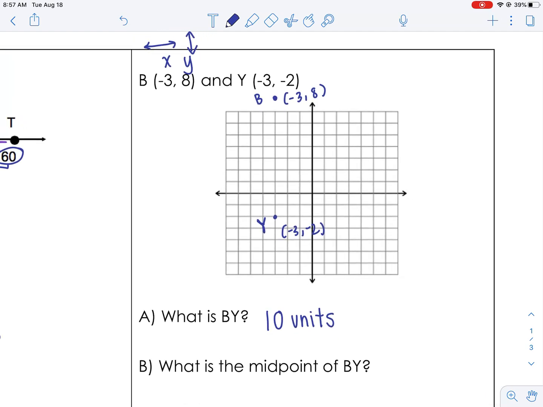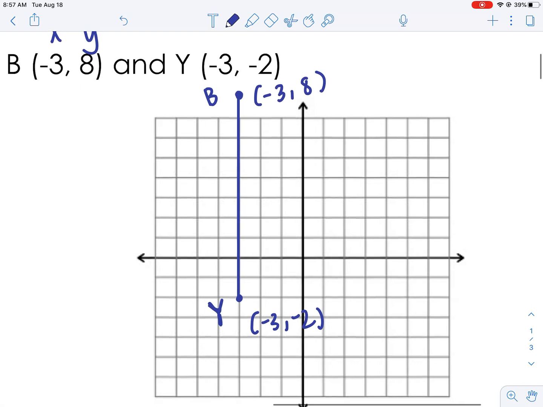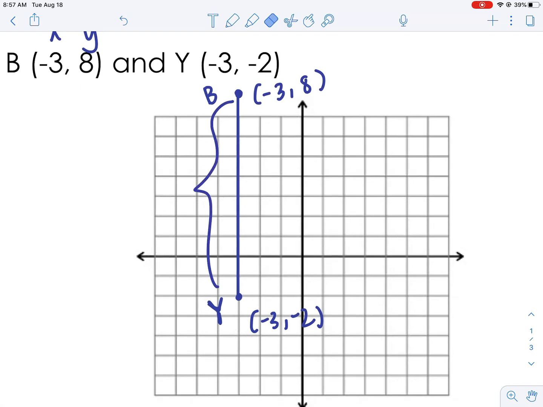So then the question is, well, what is the midpoint of BY? So if I have this segment BY, I know that my middle is going to be somewhere on here, probably somewhere in this area. And if I know that I was going 10, just ask yourself, if I was 10 all of this way, then I should be going 5 and 5.